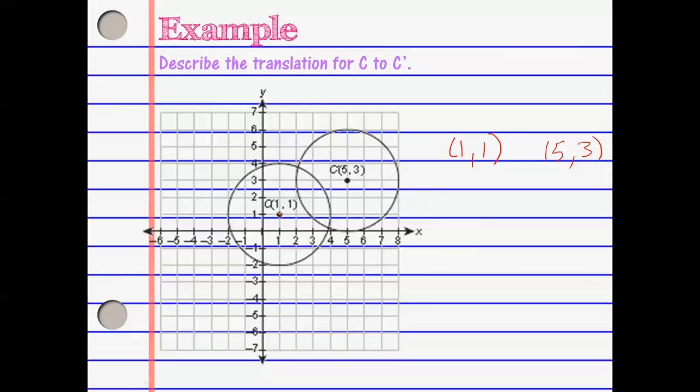So if I'm going from 1 to 5, that means I'm going over 1, 2, 3, 4, so plus 4 in the x direction. And then I went up 1, 2 in the y direction. So right 4, up 2.